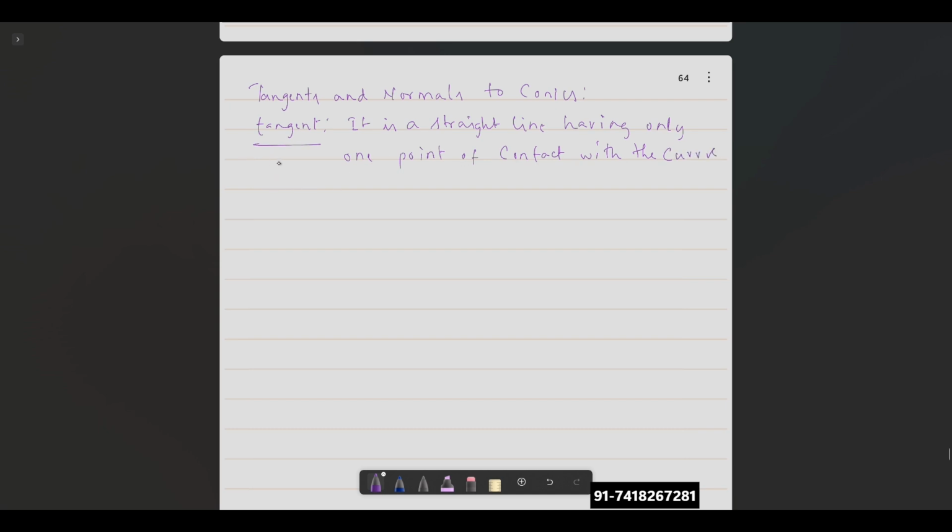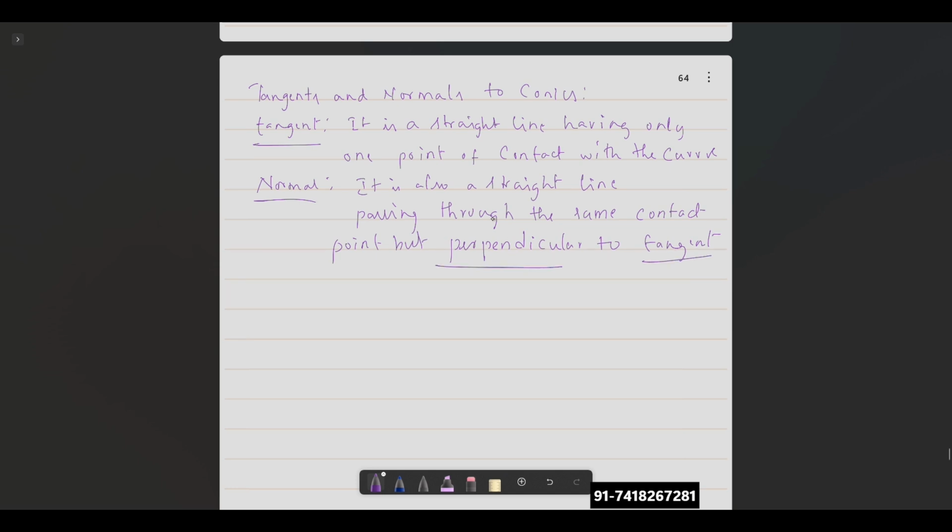And what about the normal? It is also a straight line passing through the same contact point, but perpendicular to the tangent.